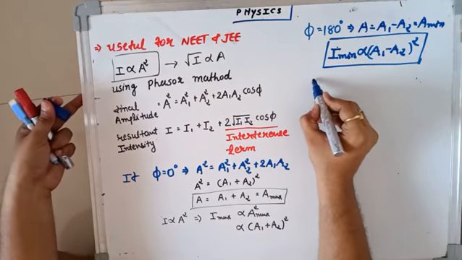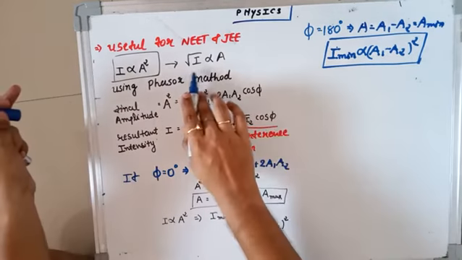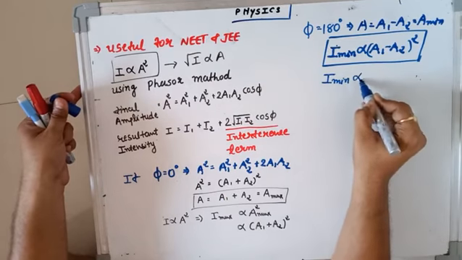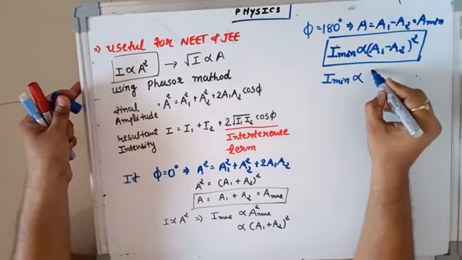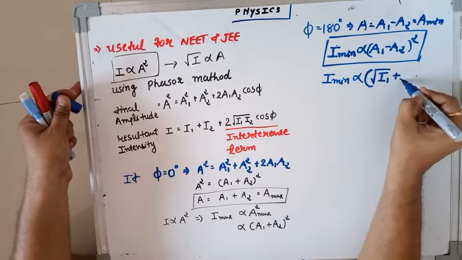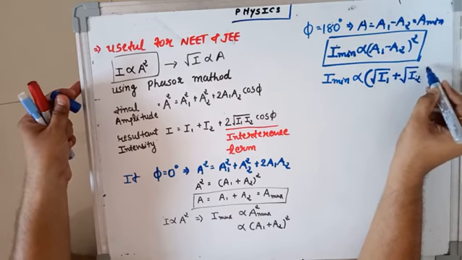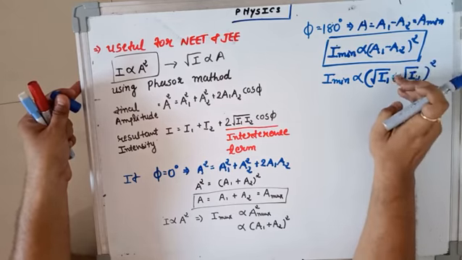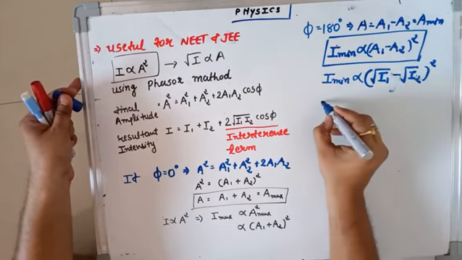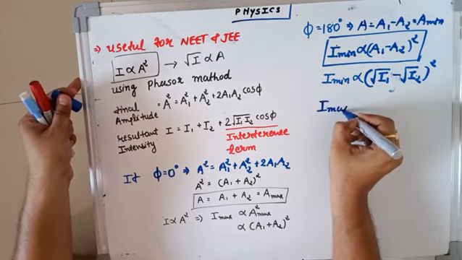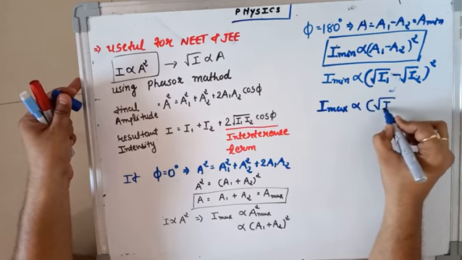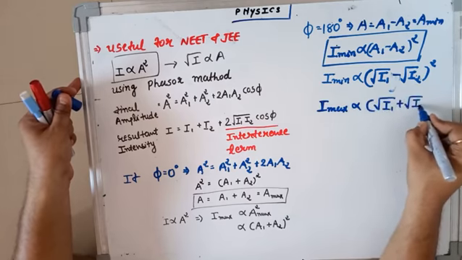From this equation we can write I max and I minimum: I minimum is proportional to under root I1 minus under root I2 whole square. Sorry, here we take the minus. And I max is proportional to under root I1 plus under root I2 whole square.